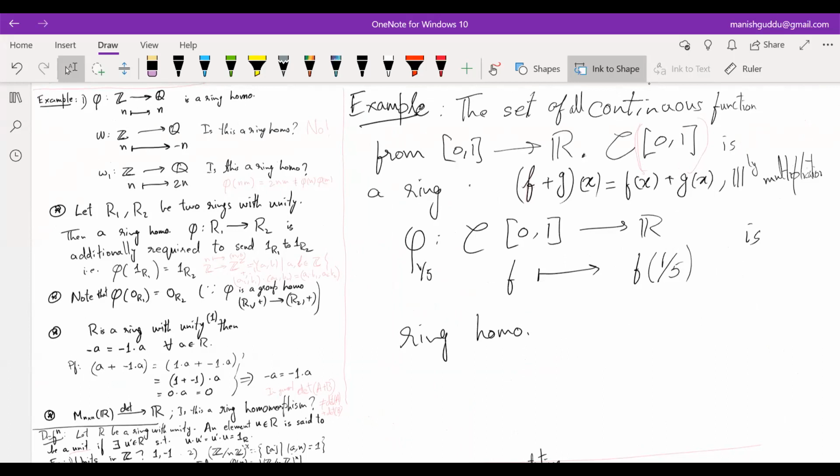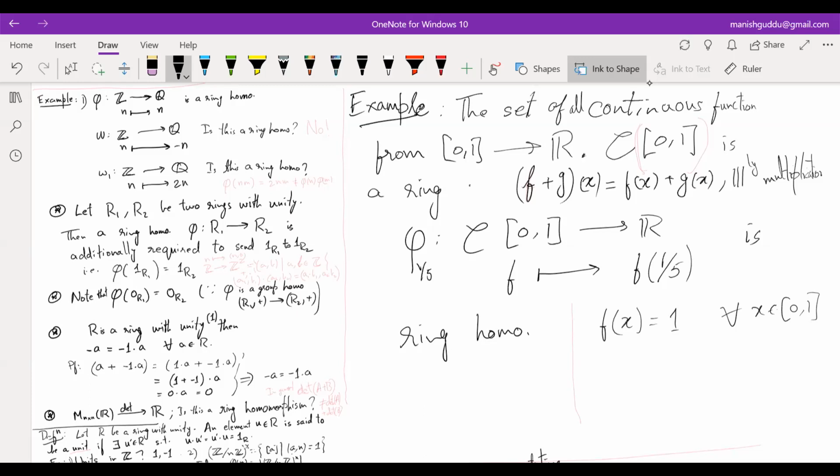Looks good. Sir, can you explain? Identity is there, so you have to check for that one. Identity. Yeah. So maybe we'll do this example in a little more detail. Consider this function f, which is f(x) equals 1 for all x in [0, 1]. So this is the multiplicative identity.